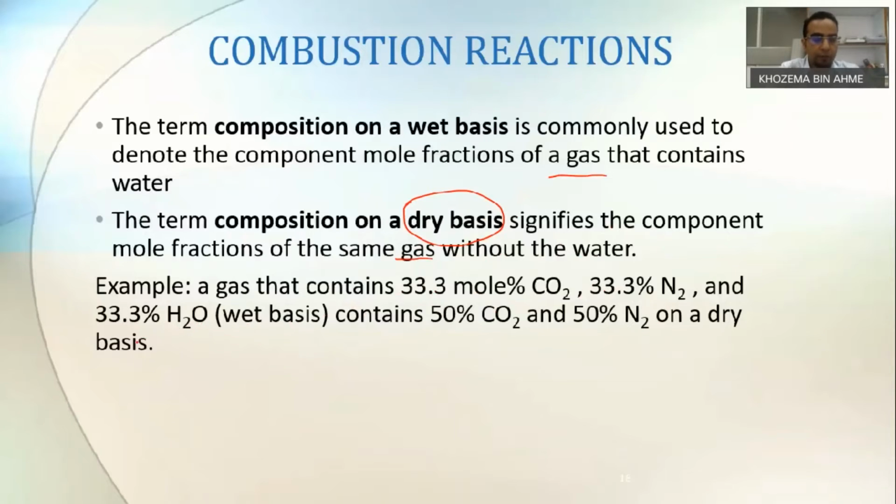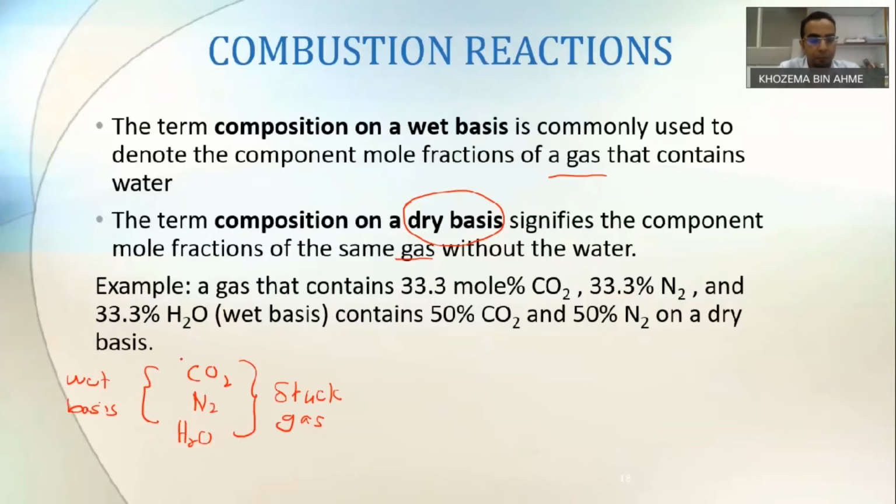So if I were to just write here, my stack gas contains CO2, N2, which is inert, and also H2O. So this is actually a complete combustion reaction. Now this gas, known as stack gas, and the composition here, since we are including water, is our wet basis.